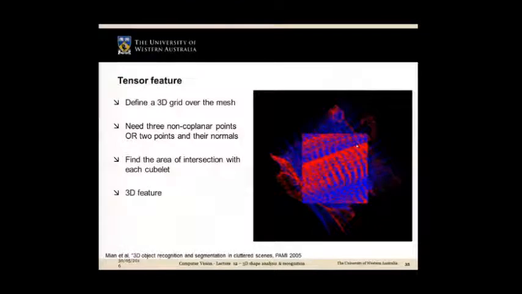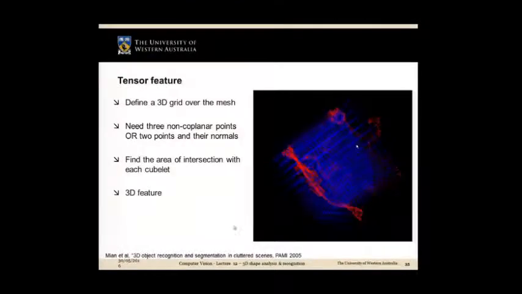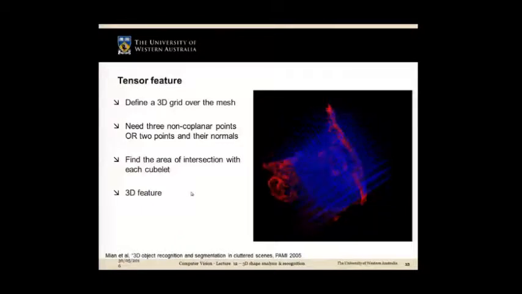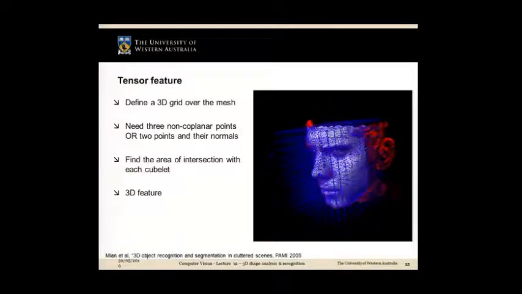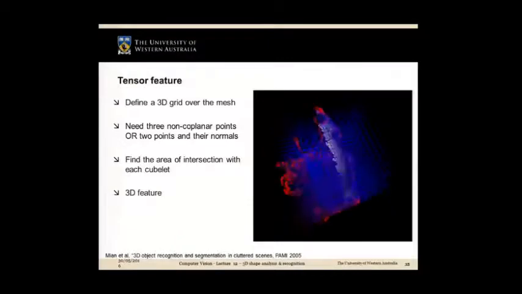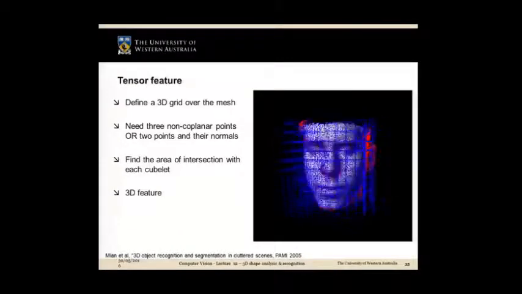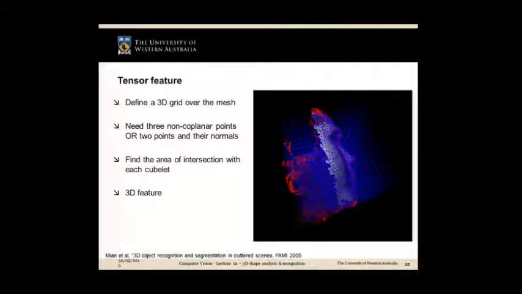Now we have another technique which was proposed by one of the PhD students here at UWA, back in 2005 and 2006. Instead of 1D and 2D, they compute a 3D histogram. They take this sort of grid and project the surface inside that grid, and they compute the intersection of the surface with each cubelet in this grid, right?